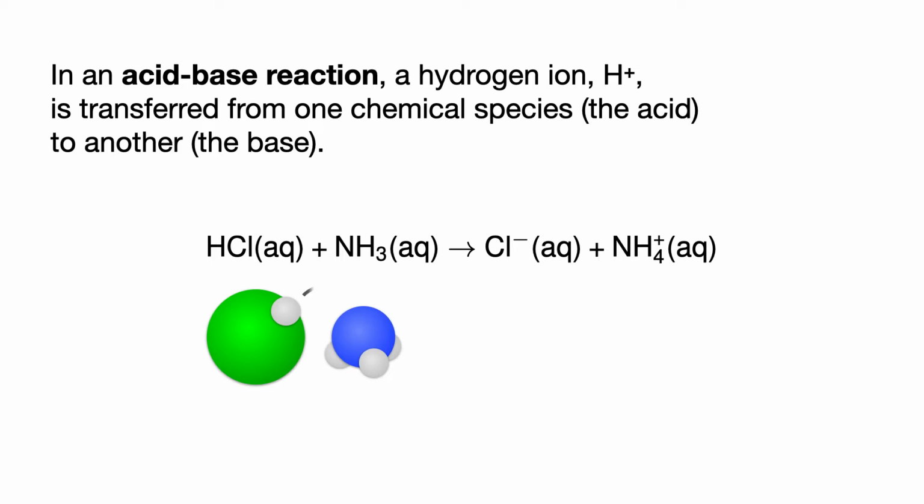A hydrogen ion is transferred from the HCl to the NH3, and the result is two ions. The HCl has lost H+, leaving it with a negative charge, Cl-, and the NH3 has gained H+, and so it forms the NH4+ ion with a positive charge.